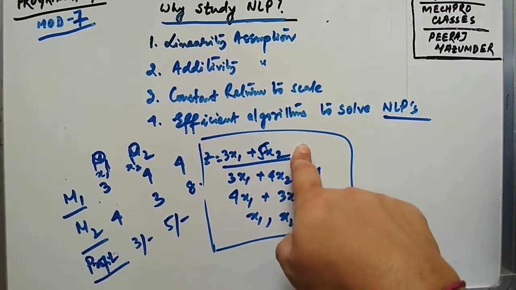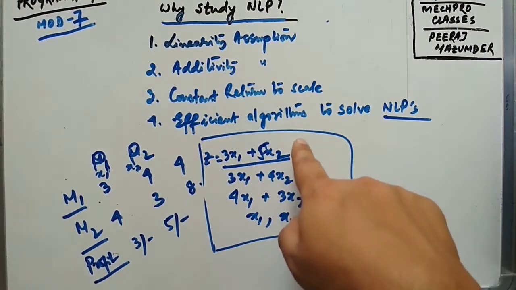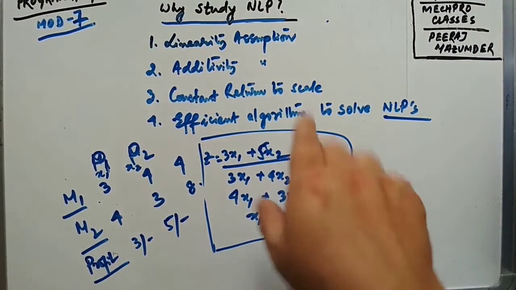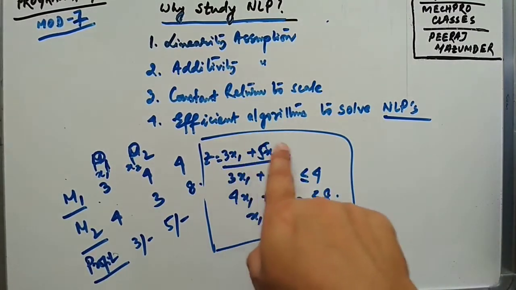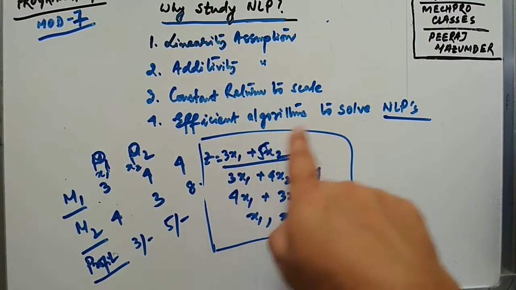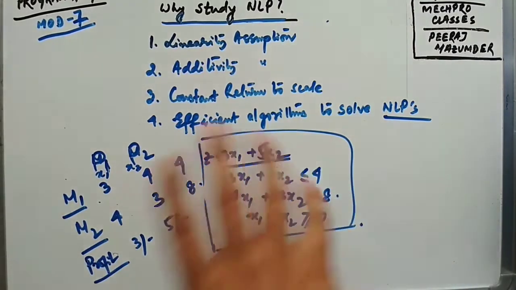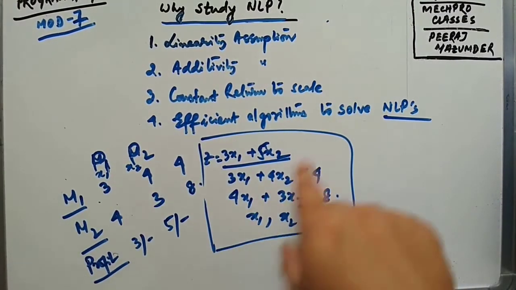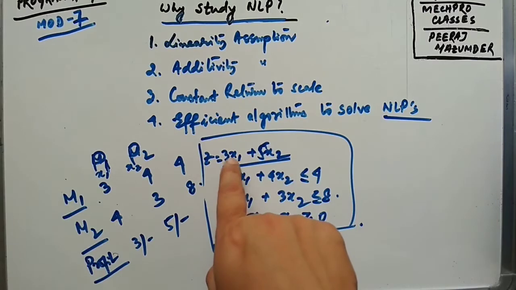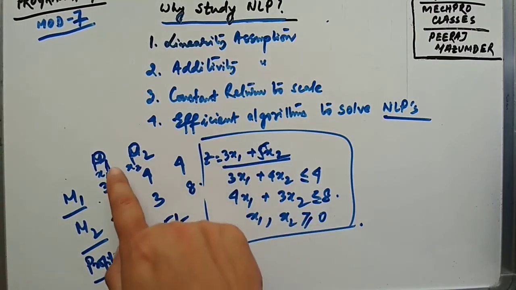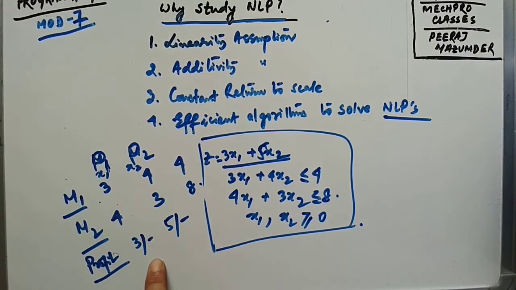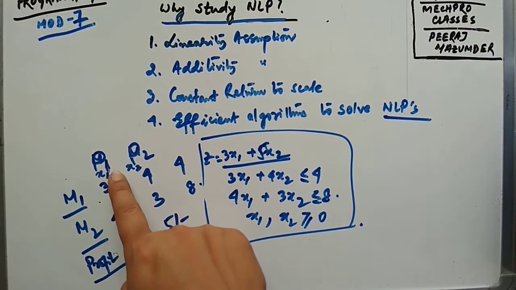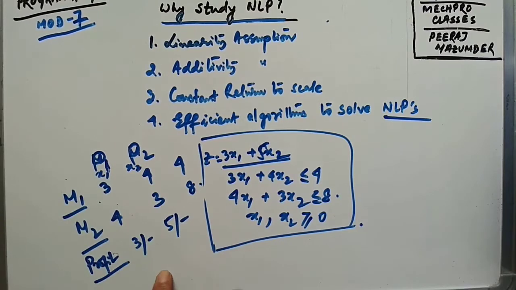But again, if we come to real life problems or real world problems, this simple addition of 3x1 and 5x2 sometimes becomes invalid. Why? Because for a unit of production of P1 we have 3 rupees of profit, so if we have x1 amount of P1, we have 3 into x1 profit.